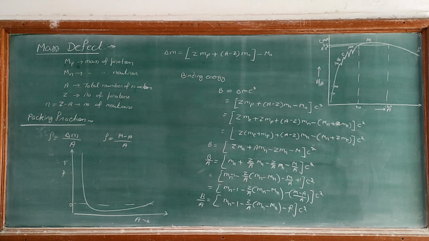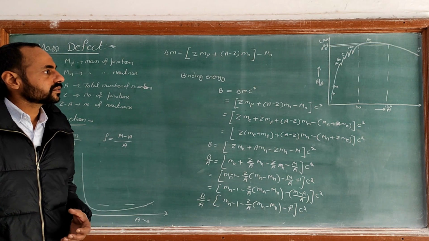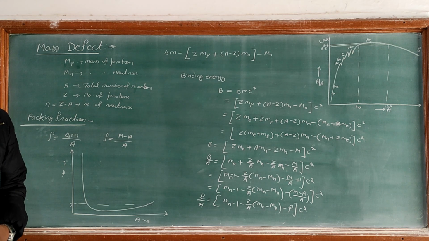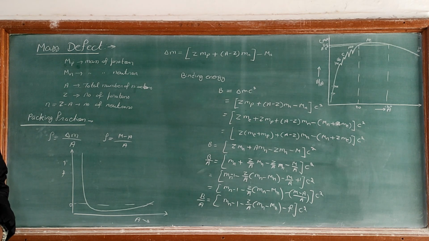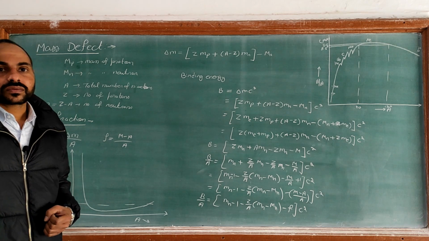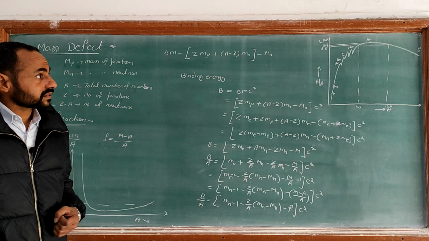In order to attain the high value of binding energy per nucleon, the heavier nuclei may split into lighter nuclei by the process of nuclear fission, and the lighter nuclei may unite together to form a heavy nucleus in the process of fusion. In both these nuclear reactions, a large amount of energy is released.